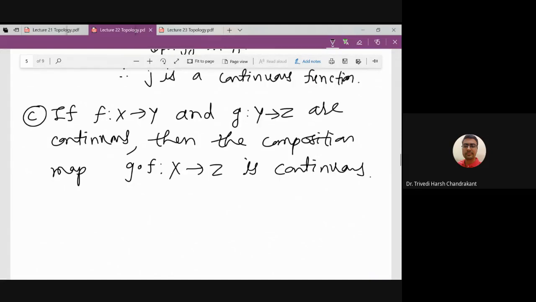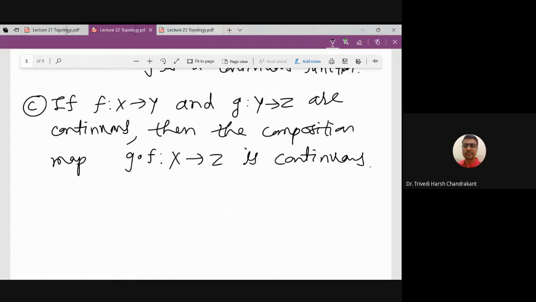This we already know in real analysis: if I have two continuous functions and I compose them, I will get a continuous function.